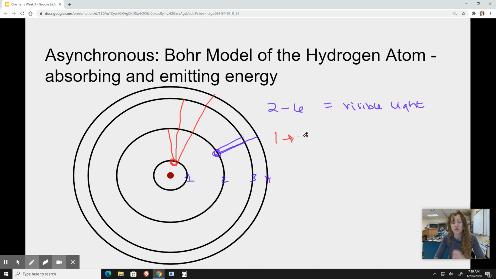Whenever you're transitioning between energy level 1 and the other energy levels, what you're going to get is invisible light. Now, that's kind of a deceptive term. Basically, what I'm talking about is you're going to get some other wavelength of electromagnetic radiation.